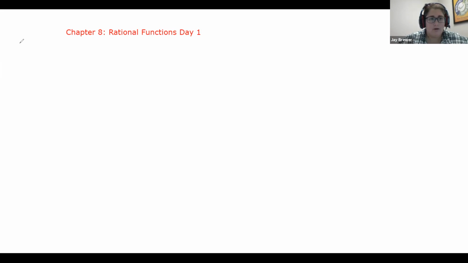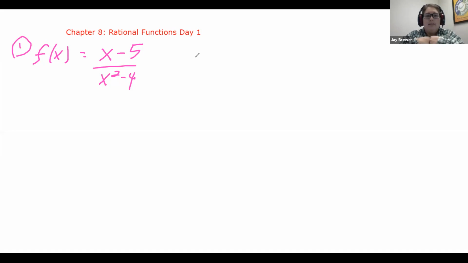For example 1, we are looking at evaluating a function, and the function we're given is f of x equals x minus 5 over x squared minus 4. Initially you might say, oh, x squared minus 4, let me factor that.